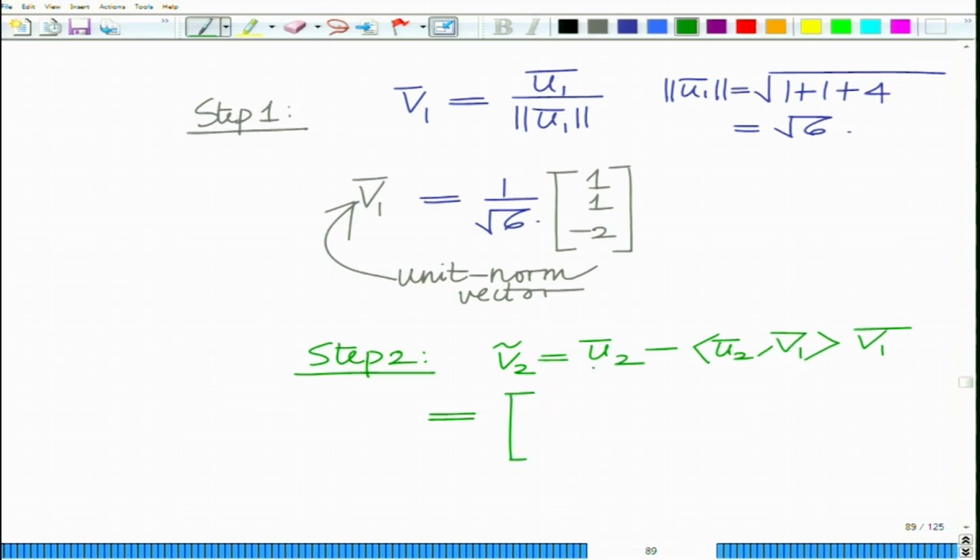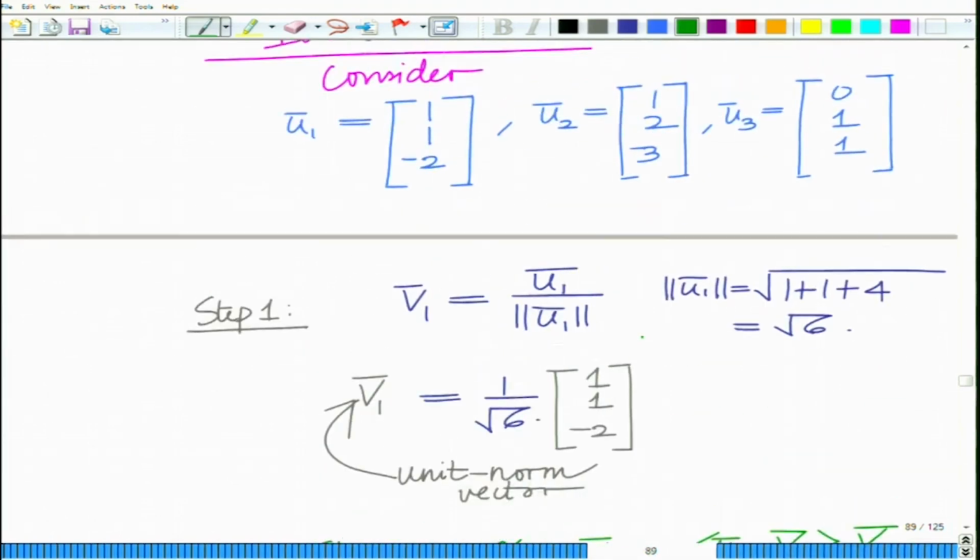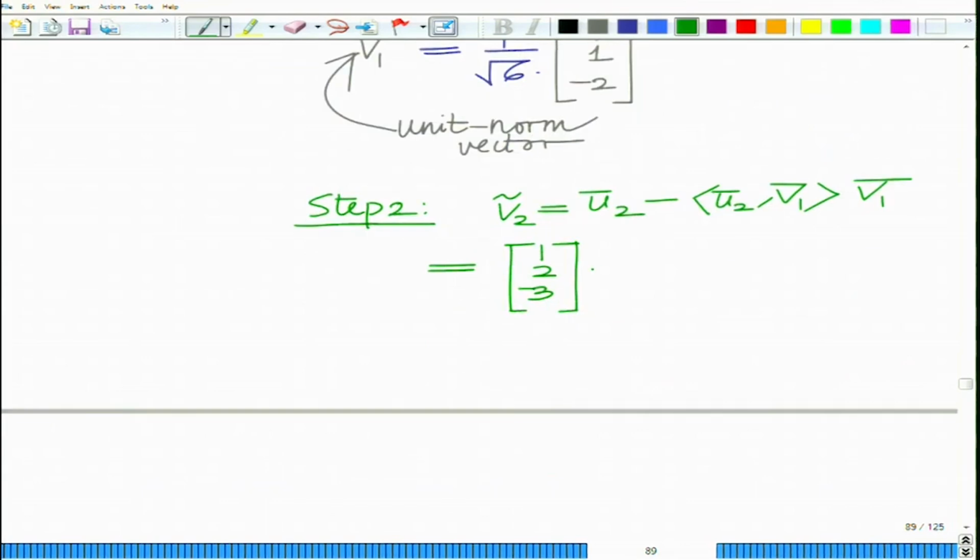U2 bar is the vector 1 2 minus 3, minus, you can check the inner product, U2 bar transpose V1 bar is 9 over square root of 6, times 1 over square root of 6 into 1 1 minus 2.